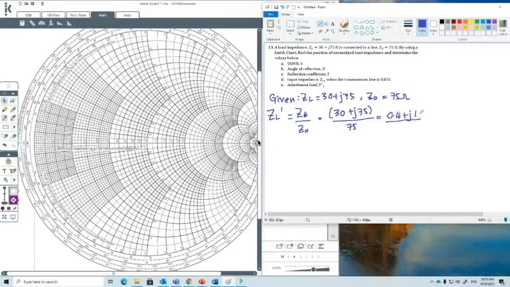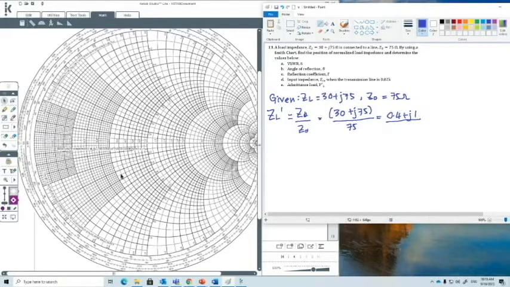Okay, so once you dah dapat kita punya normalized impedance, then we have to plot our normalized impedance in our Smith chart. Okay, so this is our Smith chart, consists of beberapa circles and curve. If you see here, ada bulatan dekat sini.